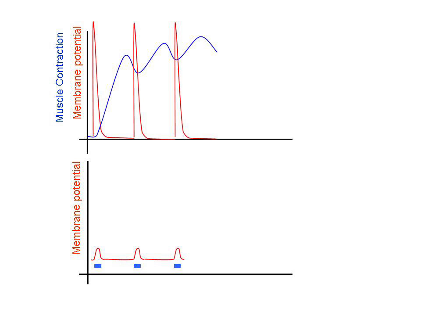As you can see in the lower graph, this period is denoted by the horizontal blue bars. That's the period where the acetylcholine stays in the synaptic cleft.